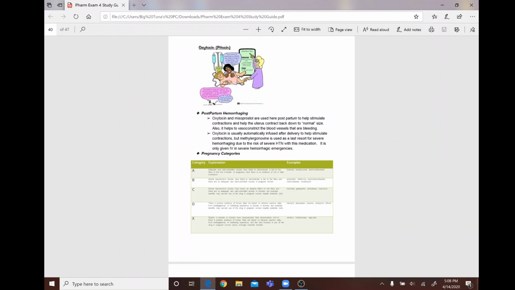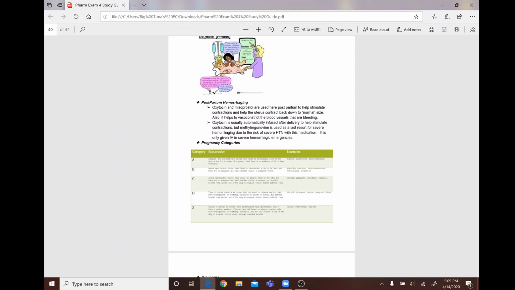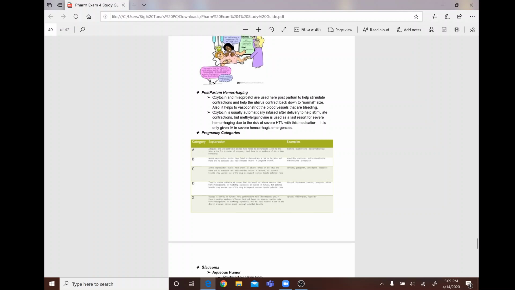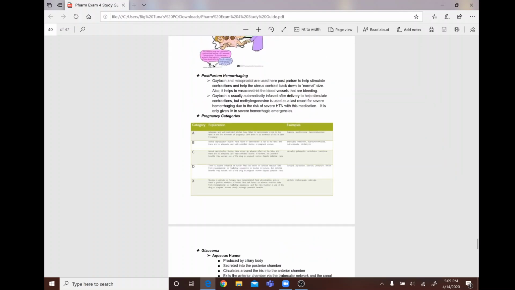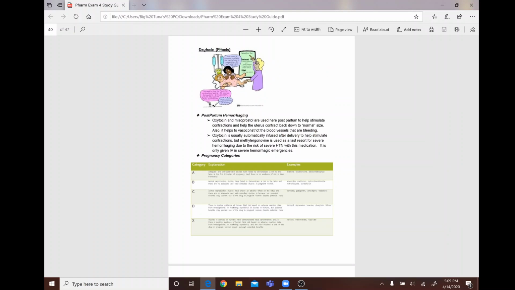All right, what are some examples of category A pregnancy drugs? Thiamine, levothyroxine, dextromethorphan. What are some examples of category B drugs? Amoxicillin, metformin, hydrochlorothiazide, metronidazole, and clindamycin. What are some examples of category C drugs?